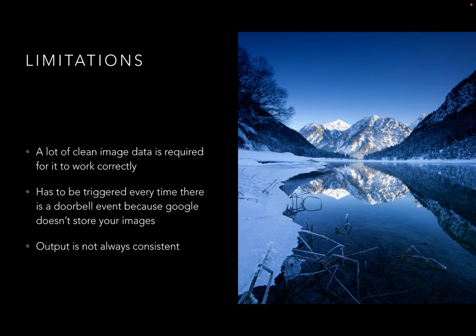Because I use only like 5 images of myself, the more images you use of yourself and your family and people you wish to identify, the better it will be in terms of recognition. And basically Google doesn't store any of your images, or I'm not sure if they store them, but they will only be there for a short period of time.